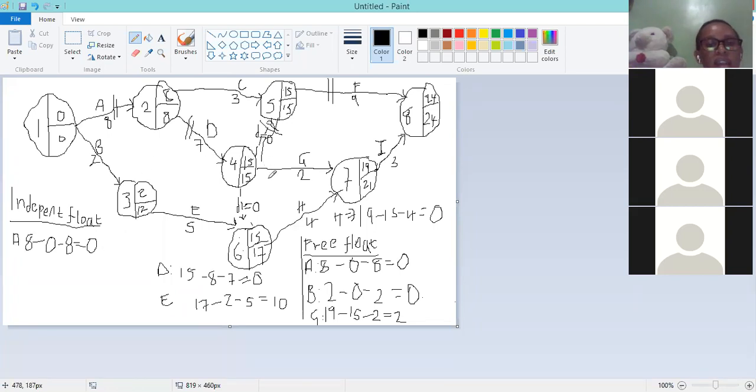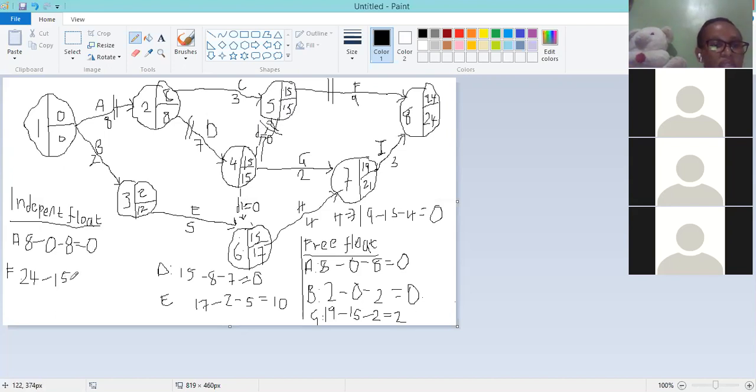Let's see another critical activity like F here, and we compute the independent float. The independent float for F will be given by what? I'm going to take this 24 here, which was the earliest event time of number 8. I will subtract the latest event time of number 5, which is 15.